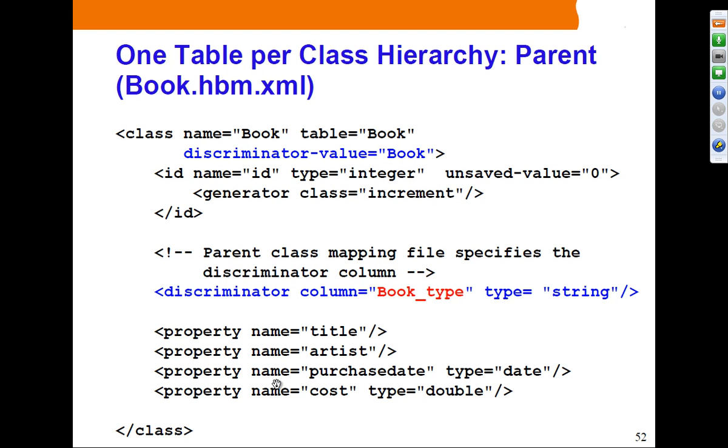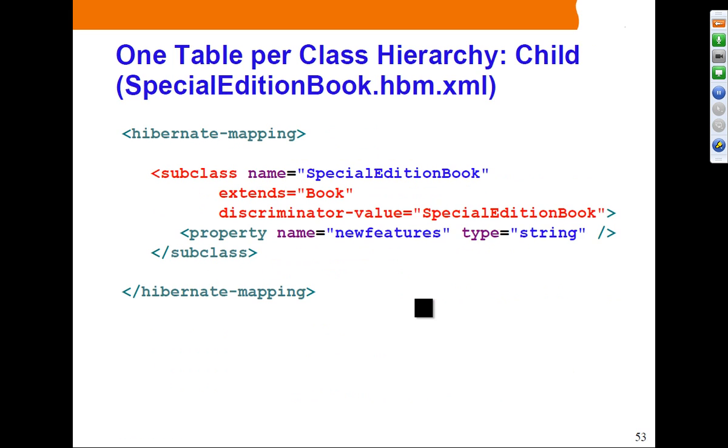Then we have ID, and then we have properties, and the parent class mapping file specifies the discriminator column. The value of this column represents which type that particular row represents. And this is the child class.